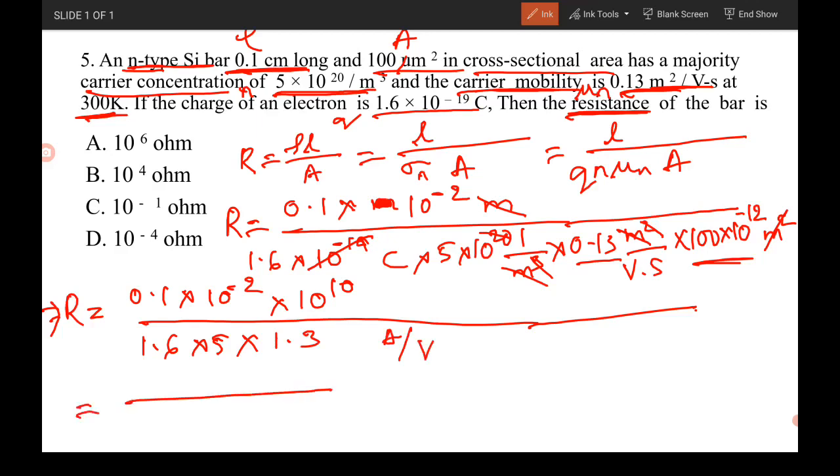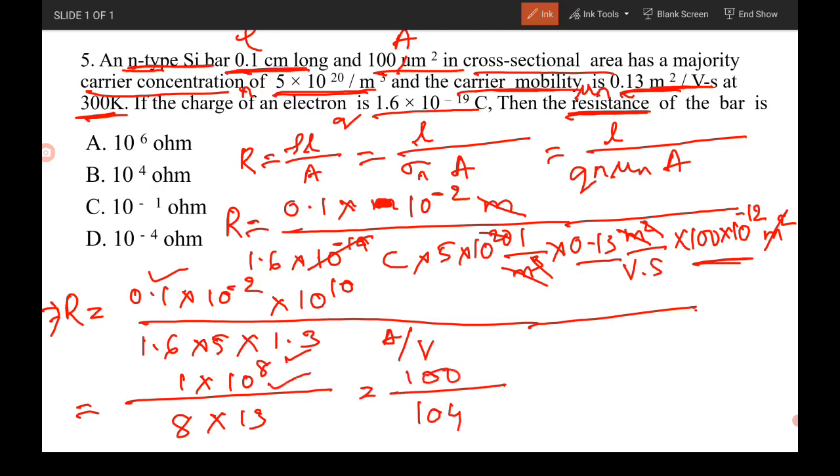So this is 8. So decimal point gets cancelled here. So this is 1 into 10 to the power 8. 1.6 into 5 is 8 into 13. So here the value which we will get in the denominator is 104. So here we can take it out, 10 to the power 3, 10 to the power 2.